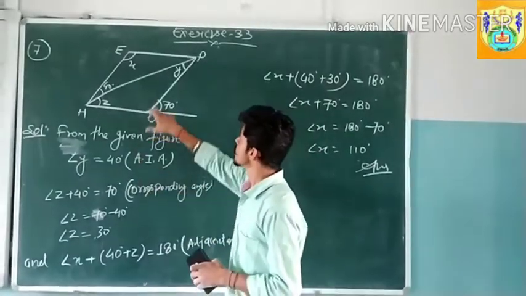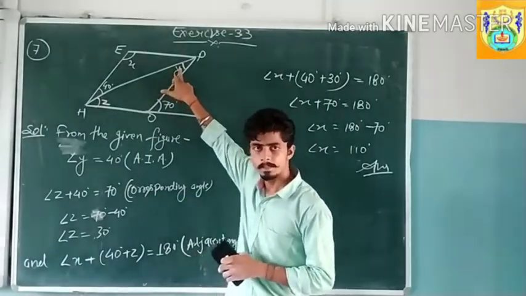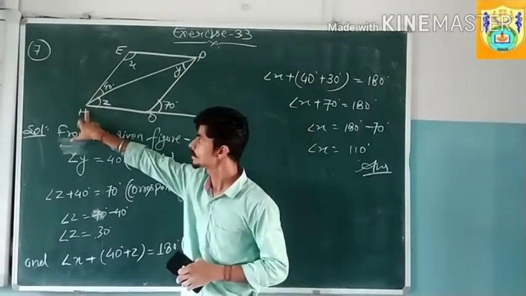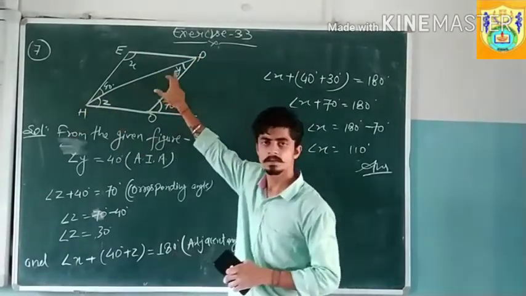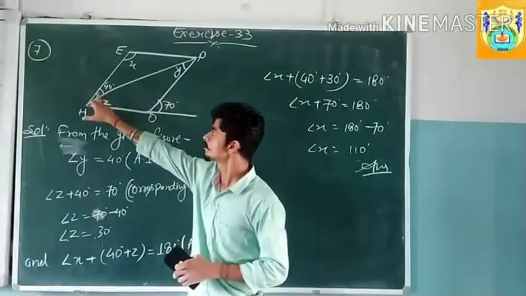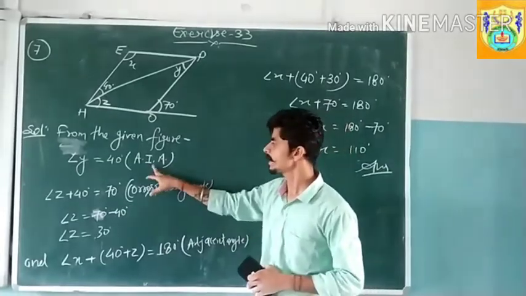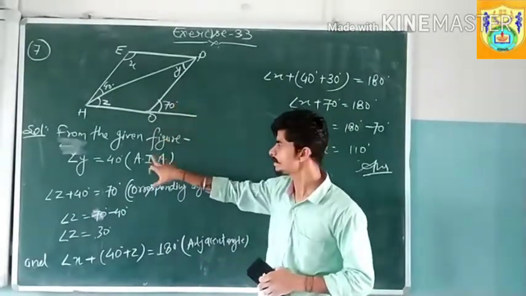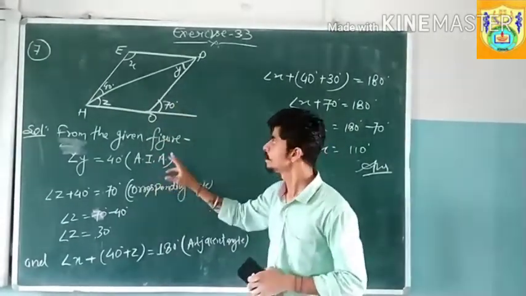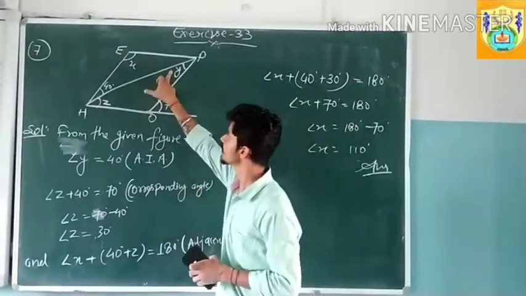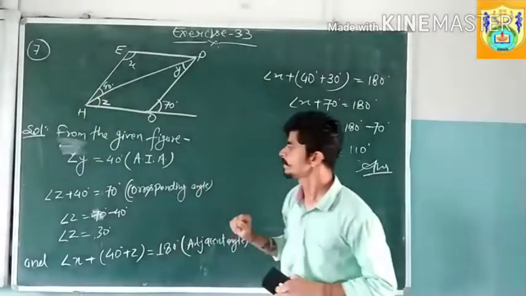That means angle y is made on this line segment and angle 40 is made on this line segment. Y is on the right hand side and 40 is on the left hand side. That's why it is alternate, and both angles are inside of the quadrilateral. That's why it is an interior angle. So alternate interior angles are equal in measurement. So angle y is equal to angle 40.